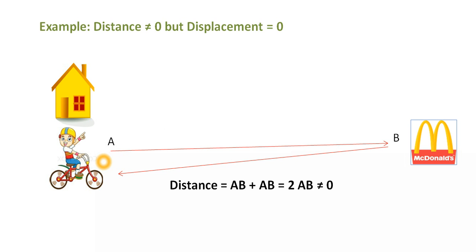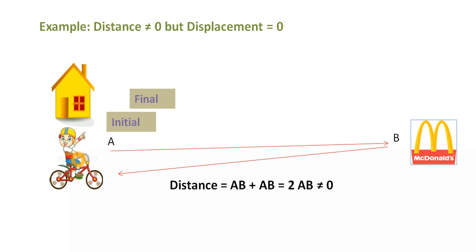But now what will be the displacement? Here, what is the initial point? A, the initial position, home. And what is the final point? As he comes back from B, B is not the final point. Because he turns back, comes back and reaches here, this is his final position. It means the initial and final positions are the same.